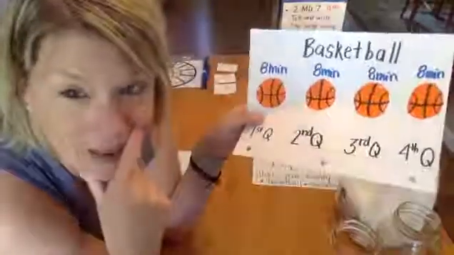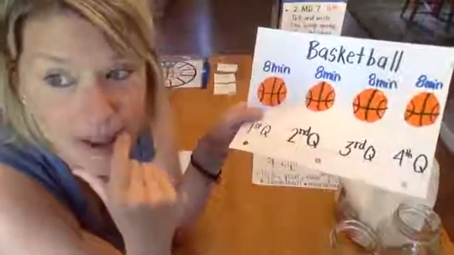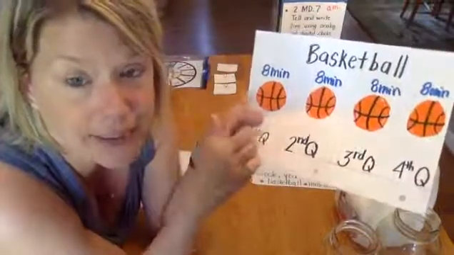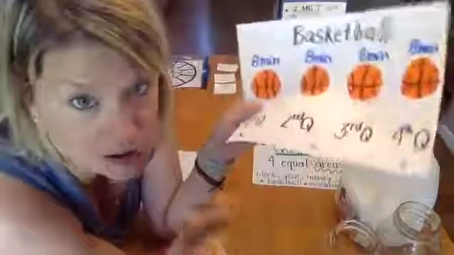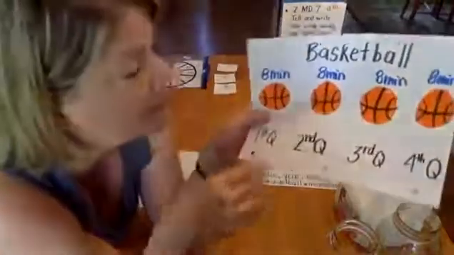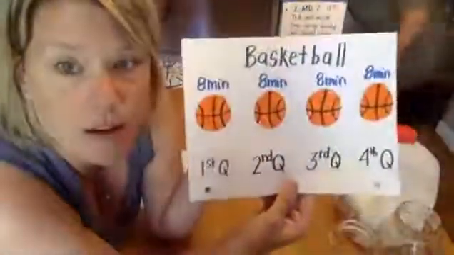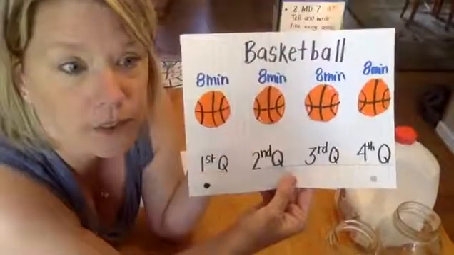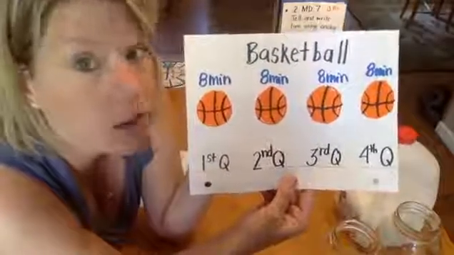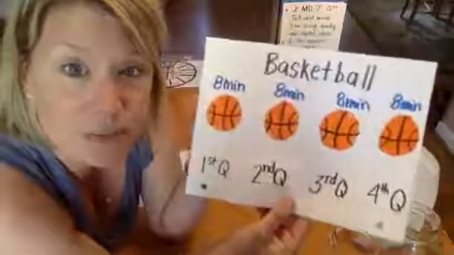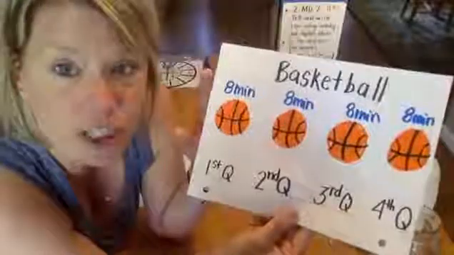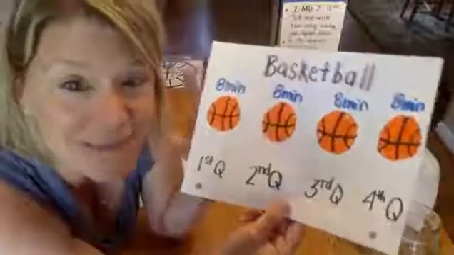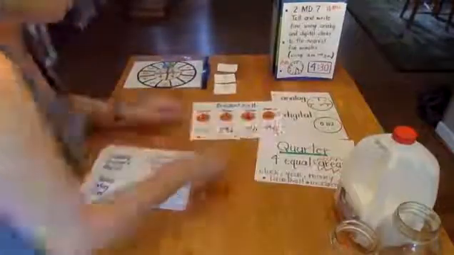The tricky thing is that a quarter never really lasts 8 minutes because people foul each other and call timeout and blah, blah, blah. But there are 4 quarters in a game of basketball, and each quarter has 8 minutes in it in elementary. Let me show you.